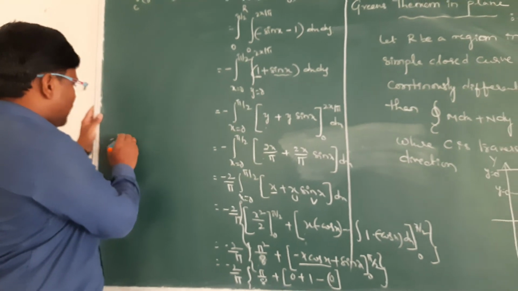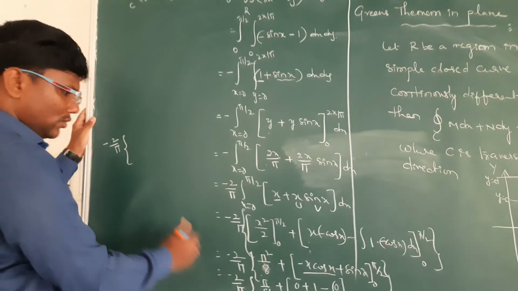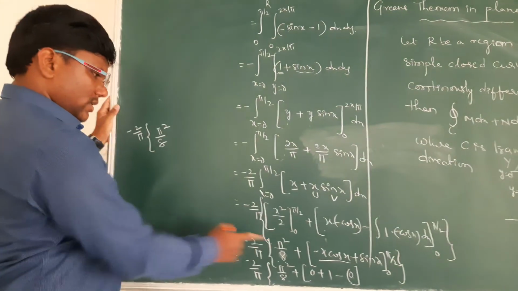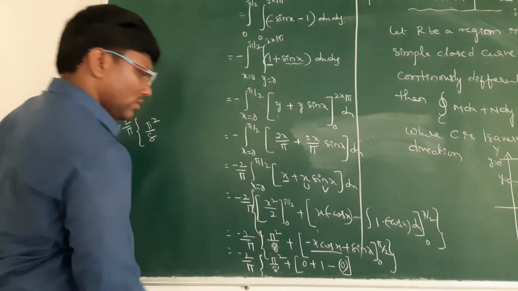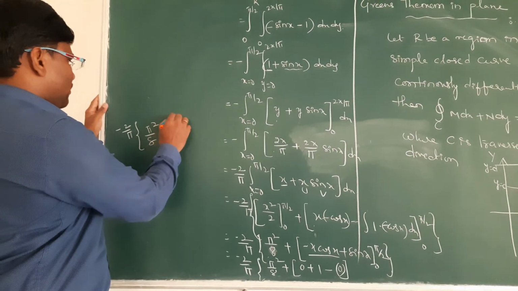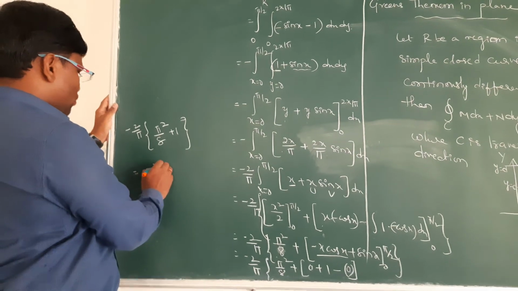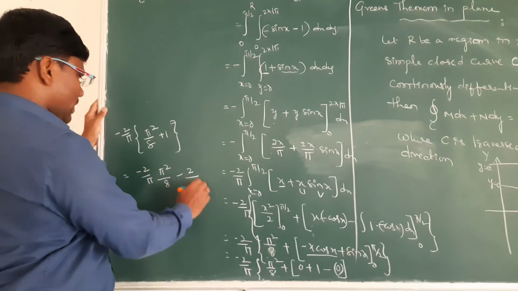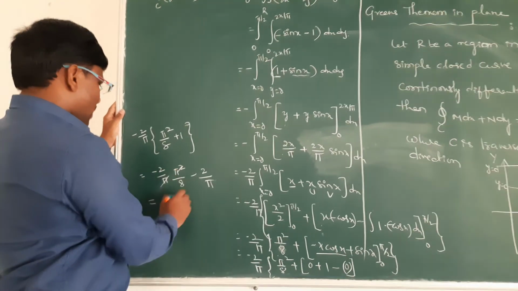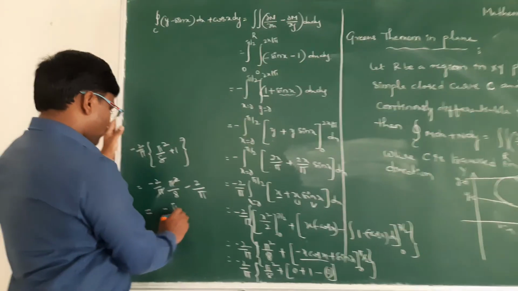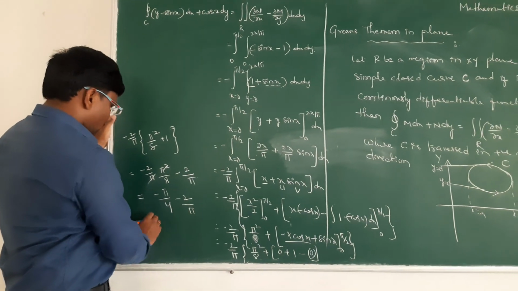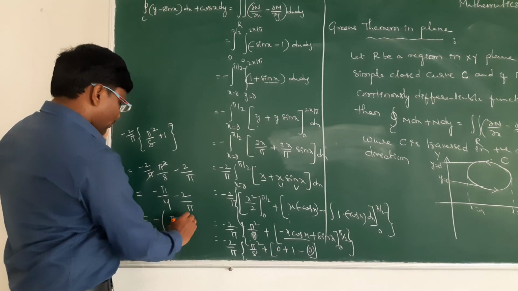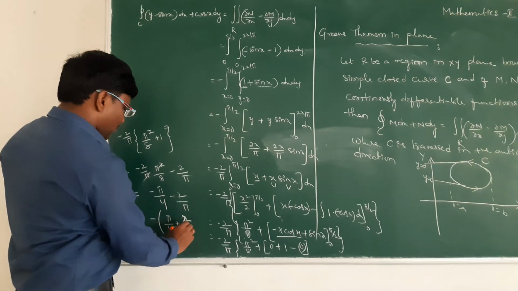Minus 2 by pi into pi square by 8 plus 1, multiplied with minus 2 by pi: minus 2 by pi into pi square by 8 plus minus 2 by pi. Simplifying, that gives minus pi by 4 minus 2 by pi, or it can also be written as minus of (pi by 4 plus 2 by pi).